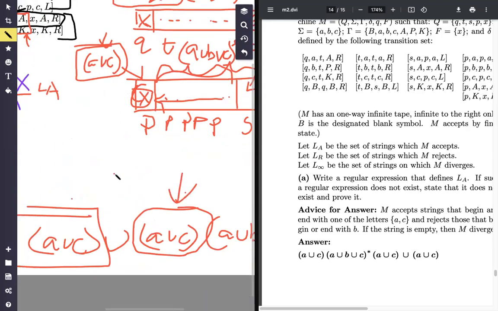We won't be given a question where you're given LA, LR, LD, and we make transition sets, right? No. Making a Turing machine is actually kind of easy. I've done it a couple of times, only to make questions up, but not to generate a regular expression. But honestly, it would be pretty easy. Probably.